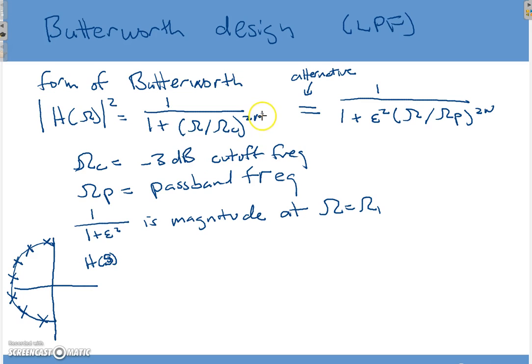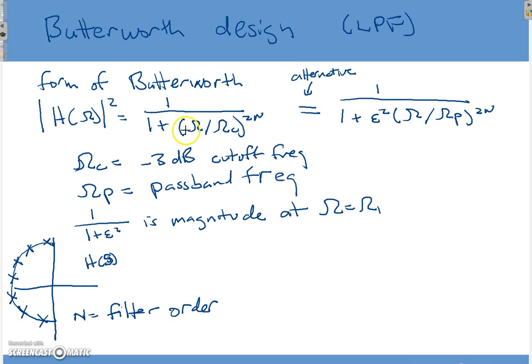I should say n is the filter order. That's one way this specifies it.